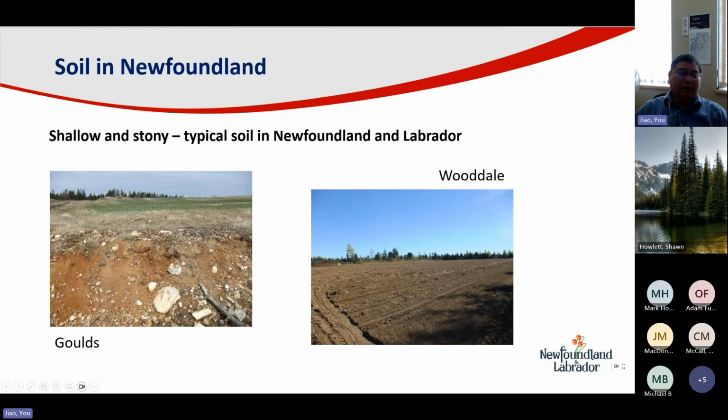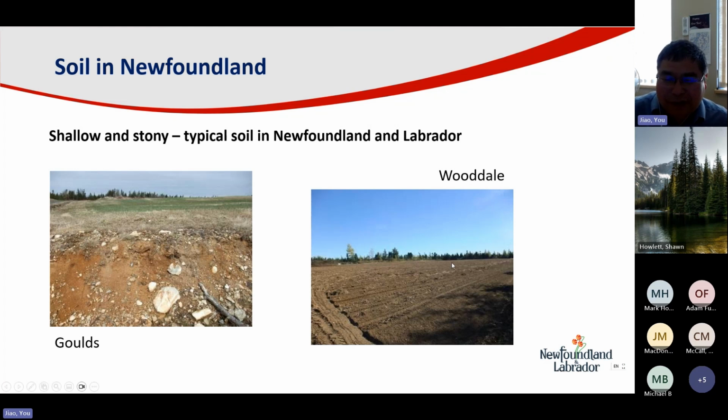We can see the soil profile with quite a number of stones. The soil is shallower, and we have a lot of stone and rock. That's when we prepare the farmland, and that's why you need the stone picker.